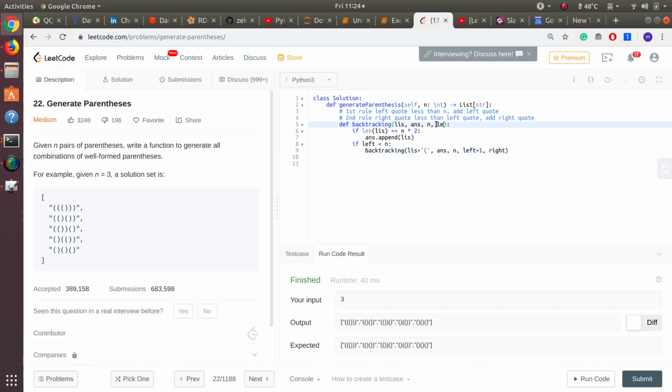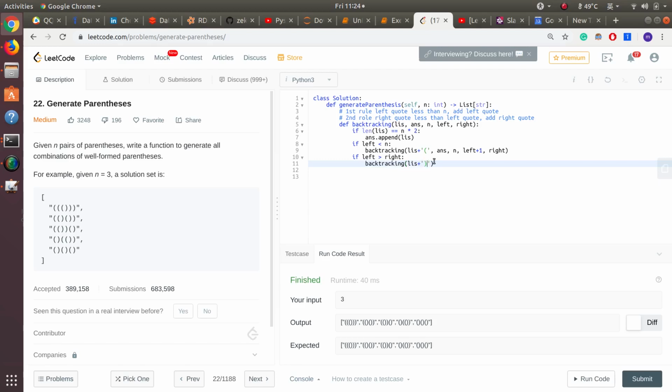Then if our left is larger than right, which means right is less than left, the same as the second row, then we need to add the right quote.